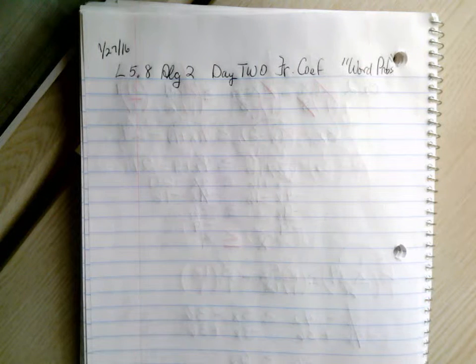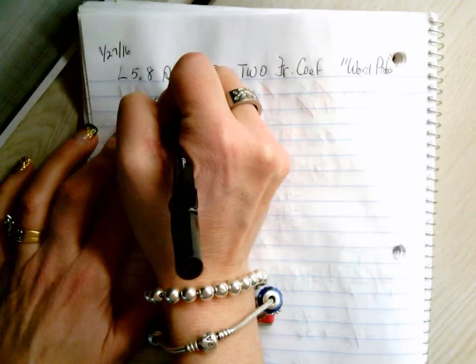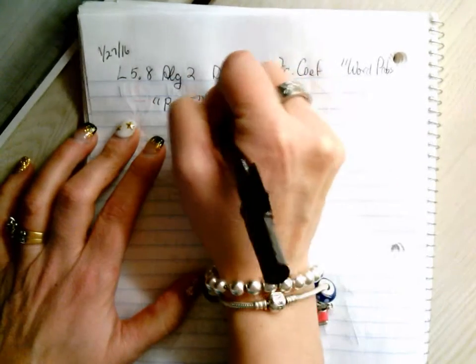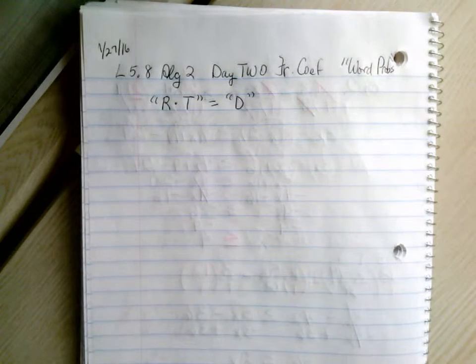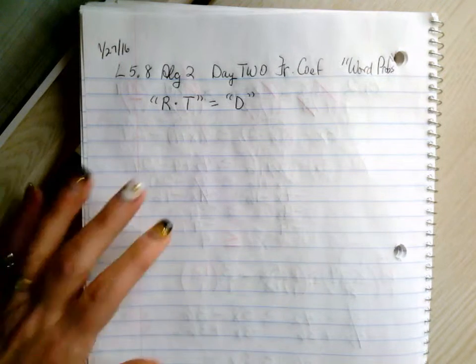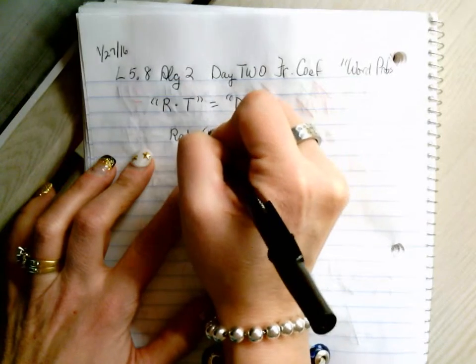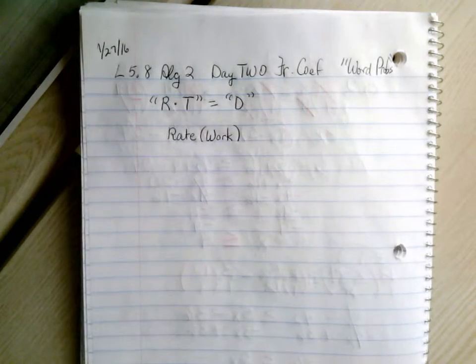Now, do you recall me saying, and I used this to help, rate multiplied by time is equal to distance? Okay, well, we're very similarly going to translate all of this into rate of work, and that's the ability of the machine.